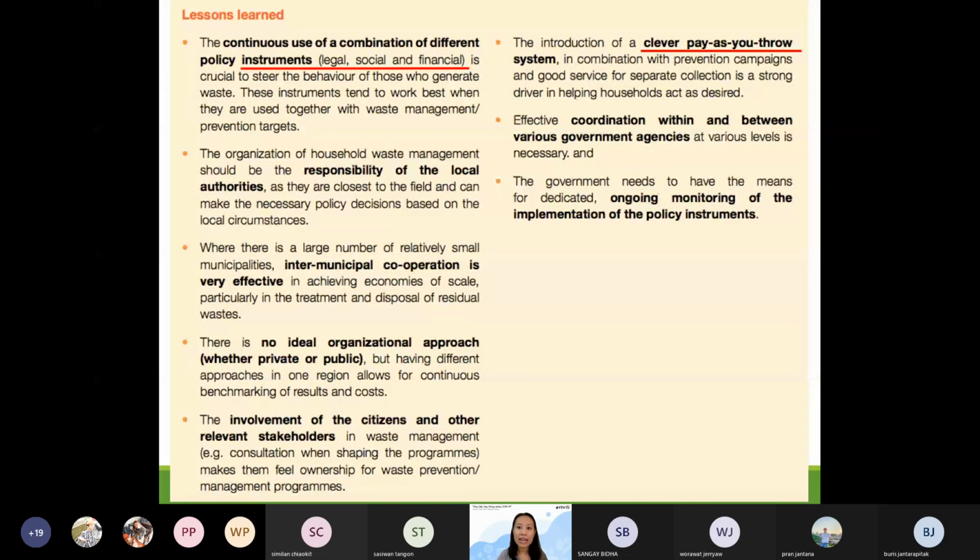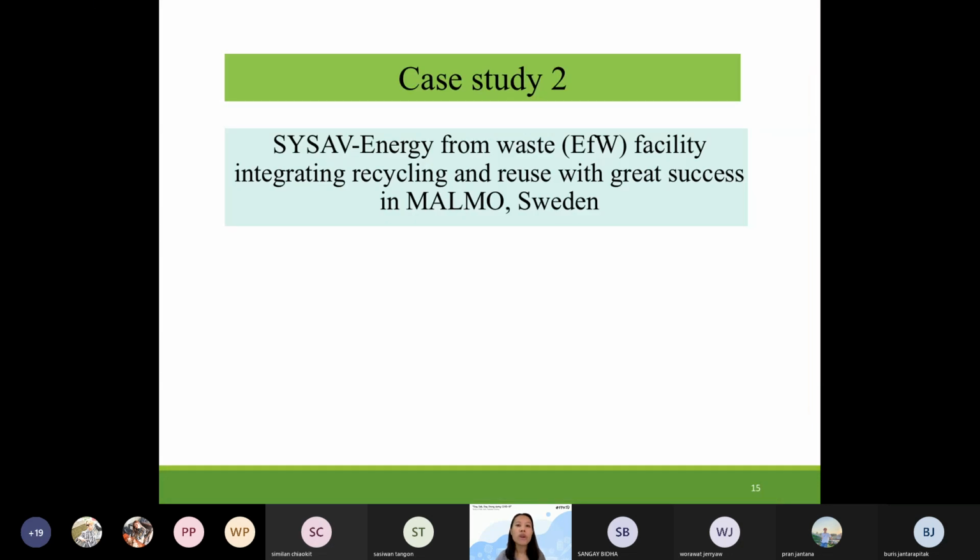If you throw less tons, that means you pay less also, right? This is the concept of using economic instruments for solid waste management. And also for the other case study, energy from waste, source separation, recycling, and reuse in Sweden.